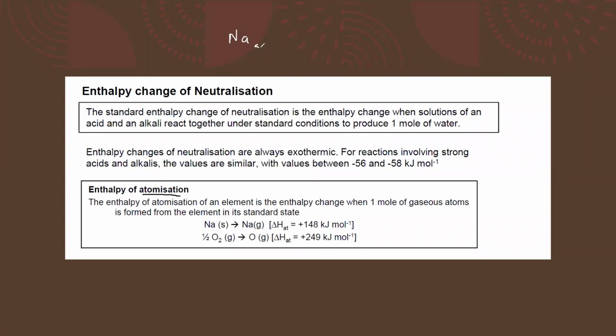We supply energy so that we have sodium vapor, like sodium atoms in a gaseous state. So what do we call this energy change? We call it the standard enthalpy change of atomization of sodium. So when 1 mole of gaseous atoms forms from its element, we call that the standard enthalpy change of atomization.